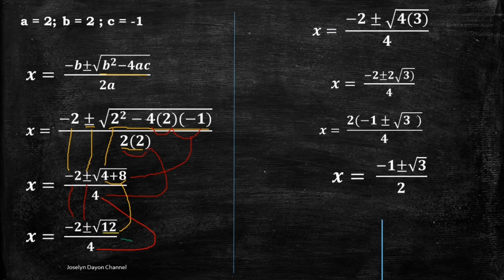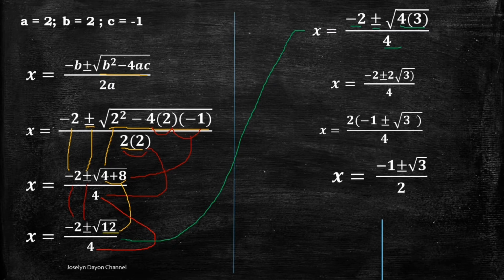So we have here x equals negative 2, just copy, plus minus square root of 4 times 3. Why 4 times 3? 4 times 3 is equal to 12, and 4 is a perfect square. Copy also the denominator 4.